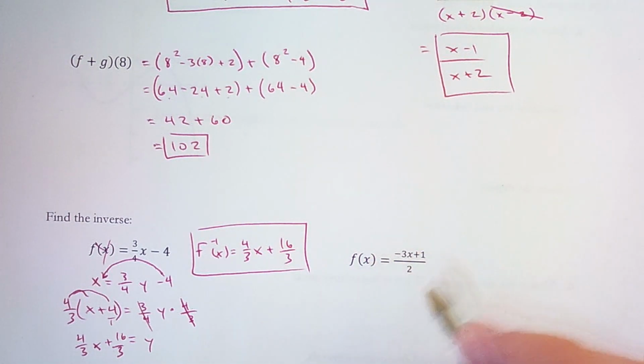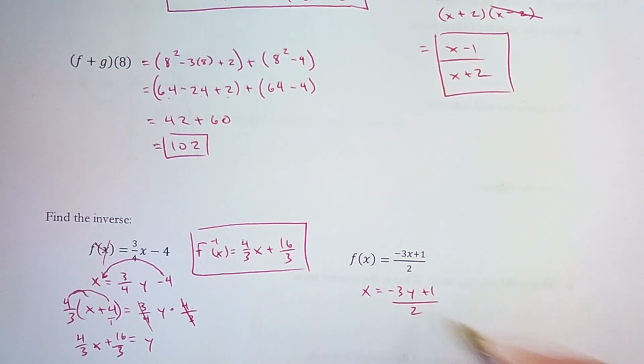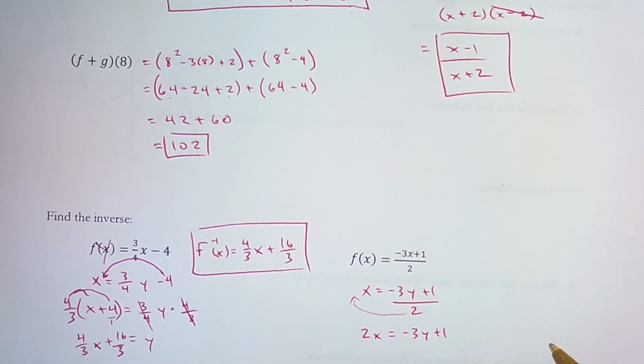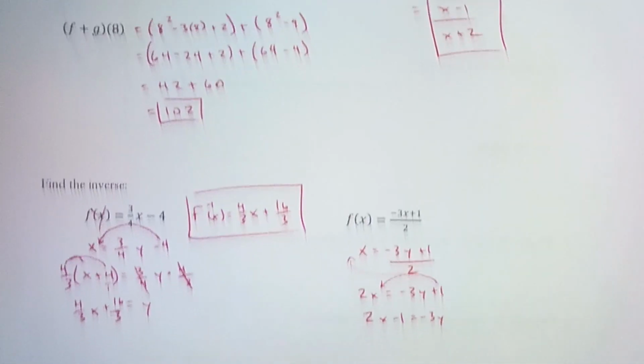And then I'm going to switch the input and output here, and I get x equals negative 3y plus 1 over 2. Now I'm going to multiply this 2 across here, so I get 2x equals negative 3y plus 1. Okay, then I'll move this over here, and I get 2x minus 1 equals negative 3y.